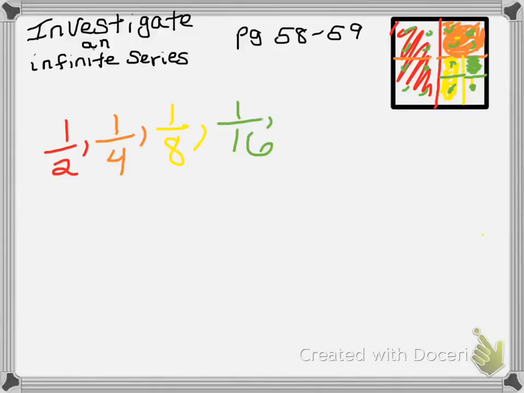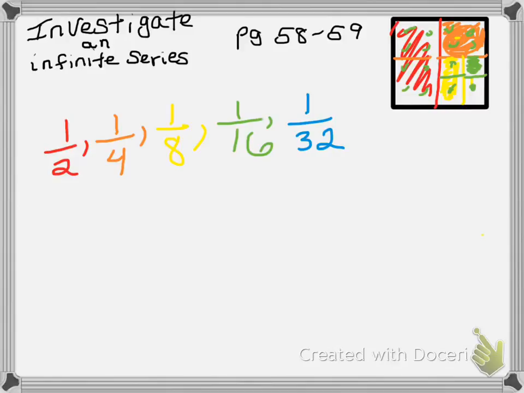Okay, so we can continue on. If we half what's left, then we end up with 1 of 32. And that makes a nice sequence.